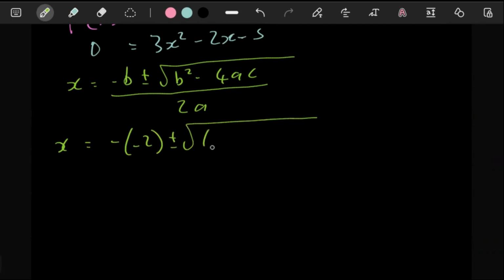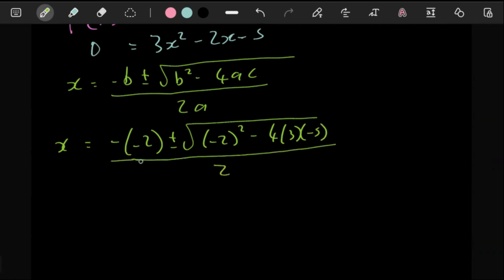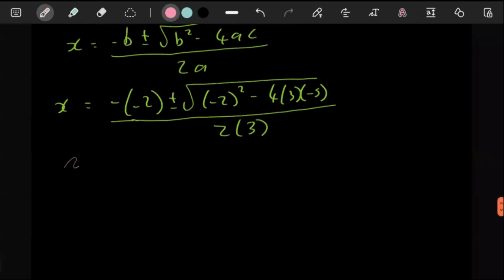So let's just put all this in the calculator. Before we put it in the calculator, I obviously have to write it out. A is a 3 here. C is a negative 5. Let's see what this looks like in the calculator.